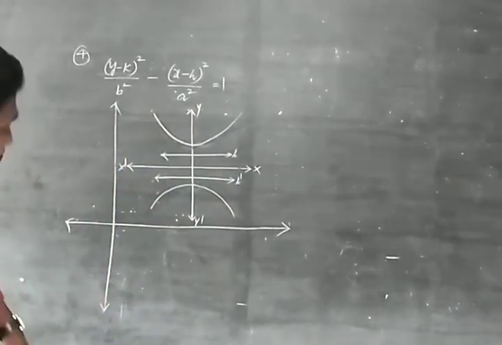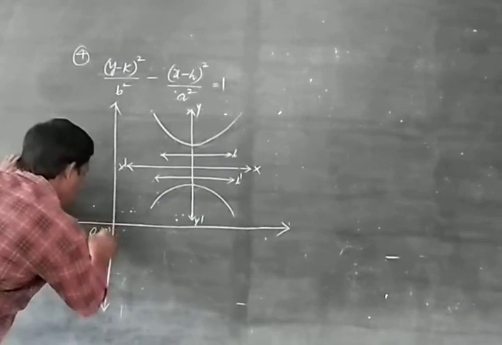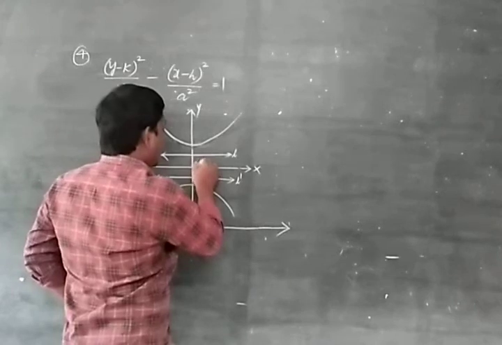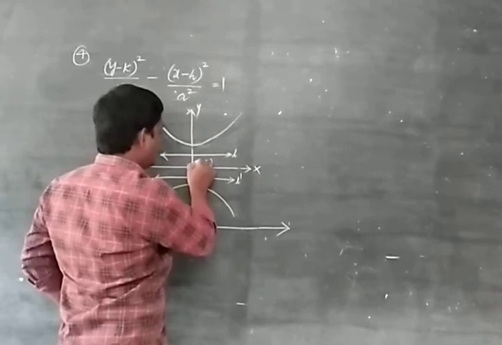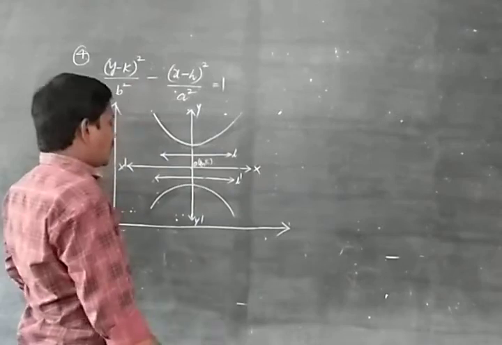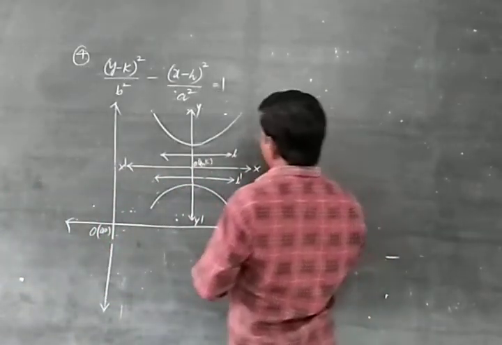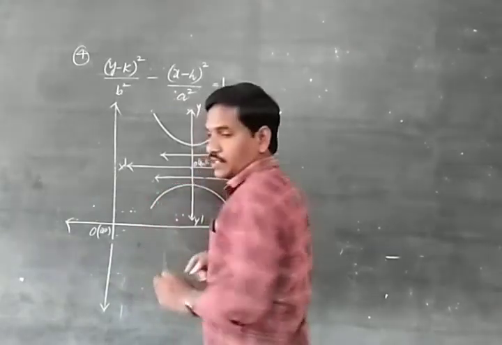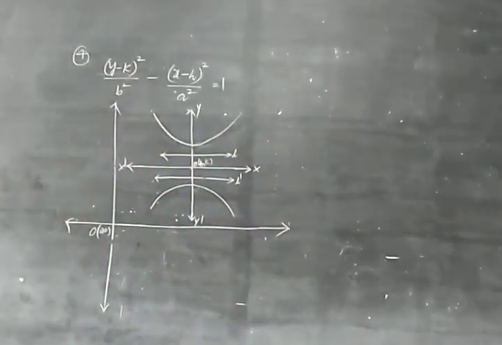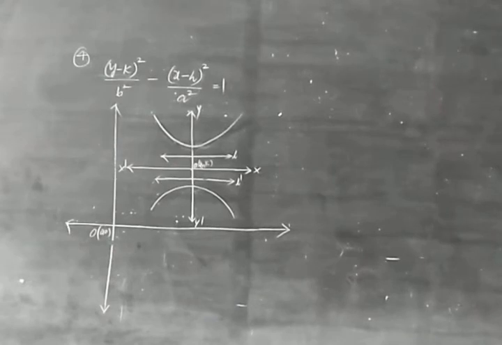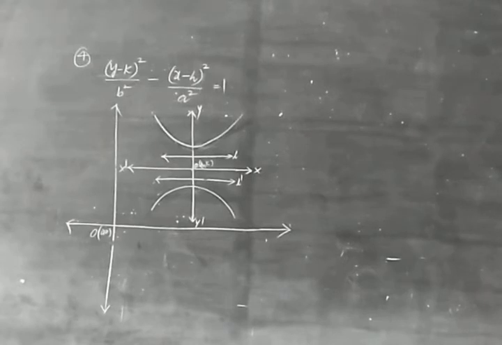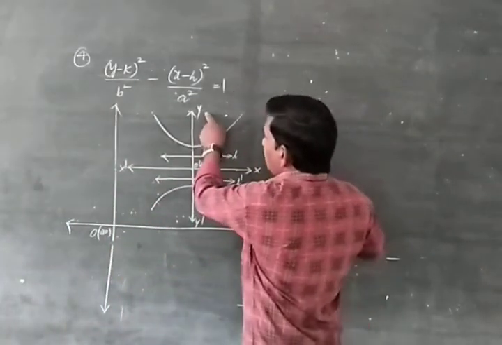In this one, the origin is 0, 0 shifted to h, k.